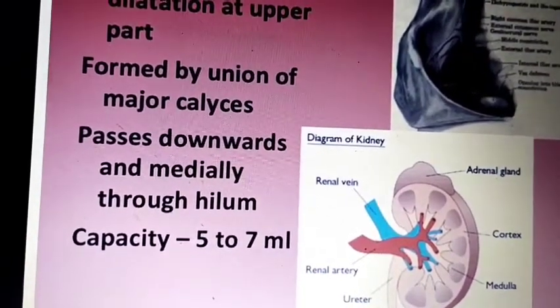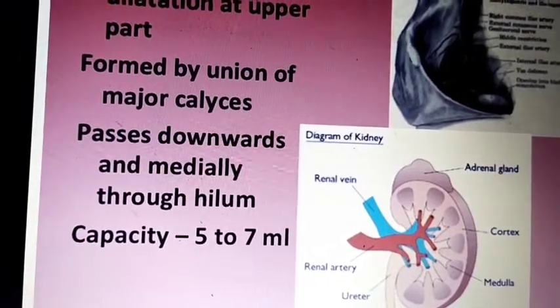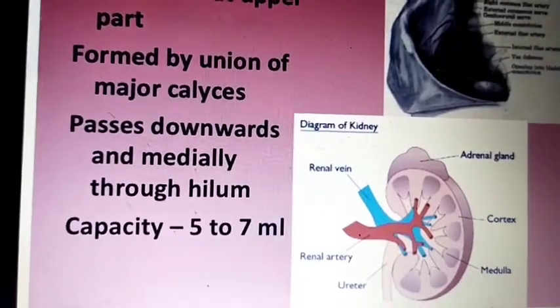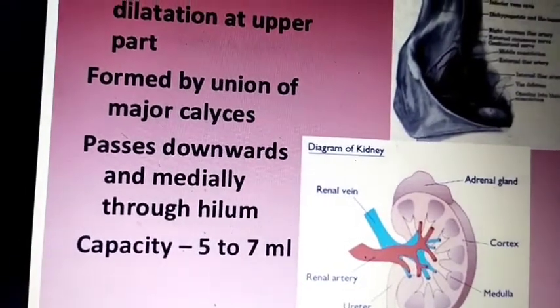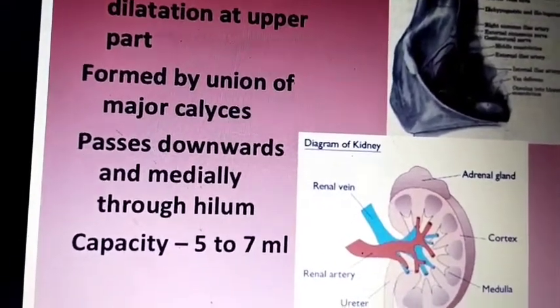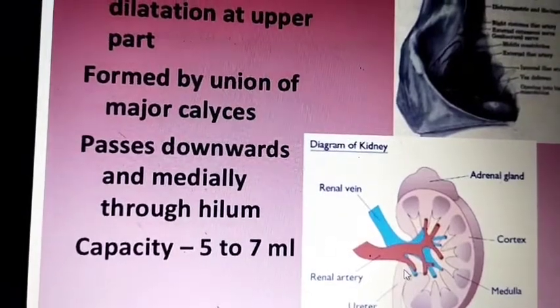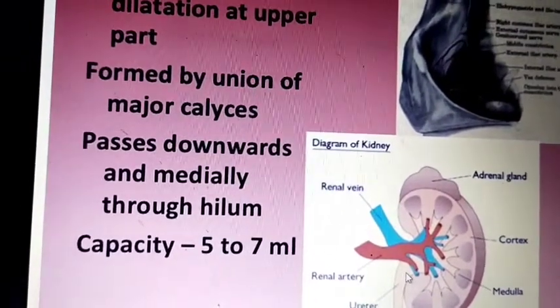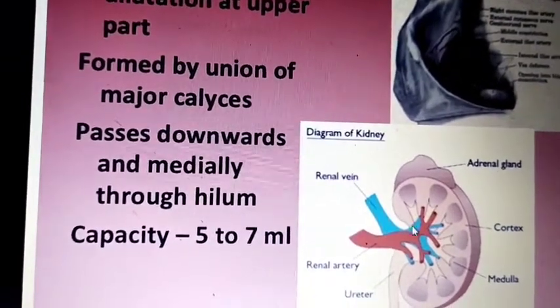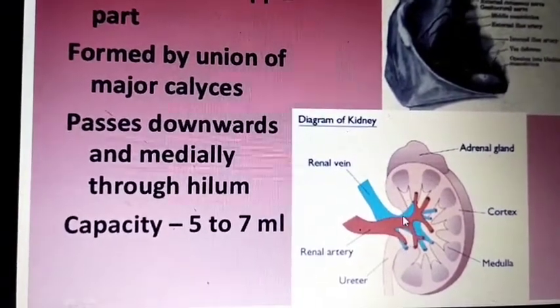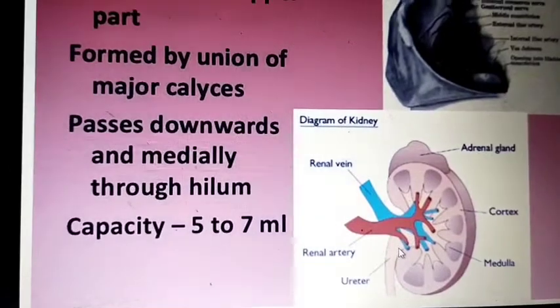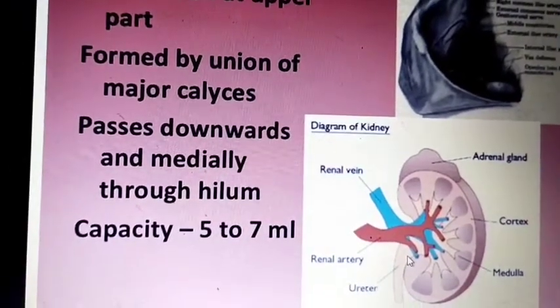Then this pelvis issues from the hilum of the kidney and descends along its medial margin or partly behind it, and this is the medial border of the kidney. Just below the hilum of the kidney is the start of the ureter.